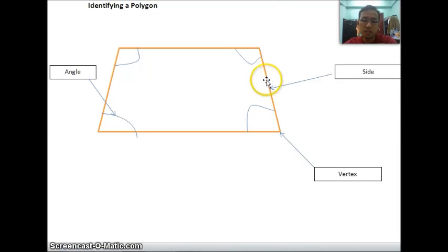The lines of a polygon are called sides. The endpoints of a polygon are called vertices, or vertex for singular, and the curved line, as you can see here, is an angle, which depends on what polygon it is.